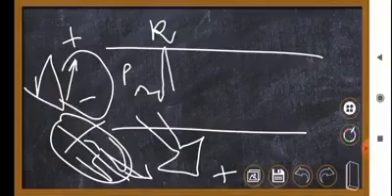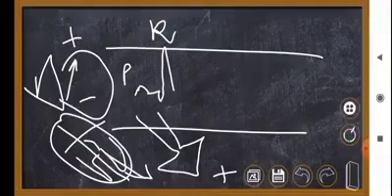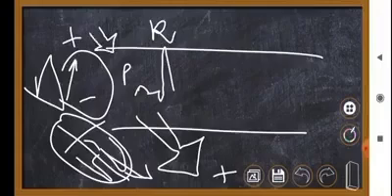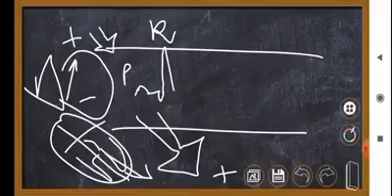Why? Because the P wave is formed by the contraction of the atria, and the R wave is formed by the contraction of the ventricles. In the case of atria, although the direction of the vector is the same, it is small, or relatively weak.